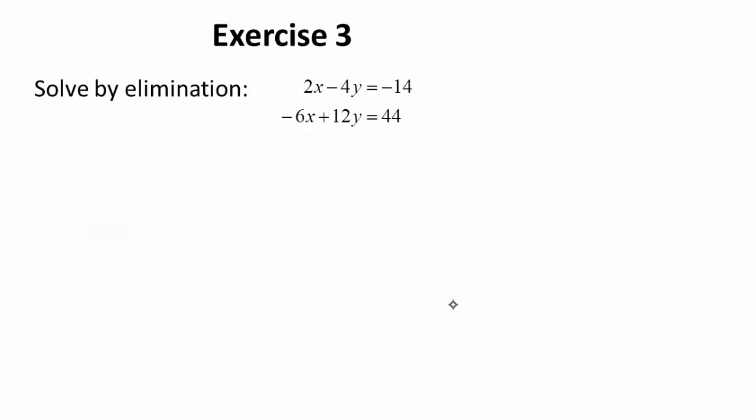Now let's look at this exercise 3. It says solve by elimination. So suppose we want to get rid of x, which means we need to multiply the first equation by what? By 3. And what does that give us? It'll give us 6x minus 12y is equal to negative what? What is 14 times 3? That will be negative 42.